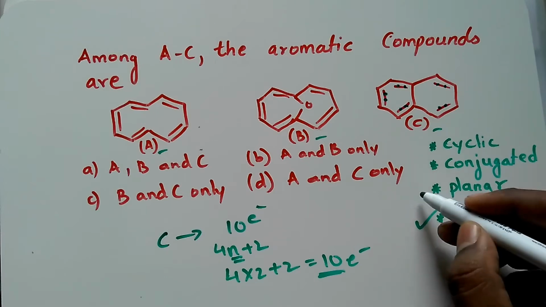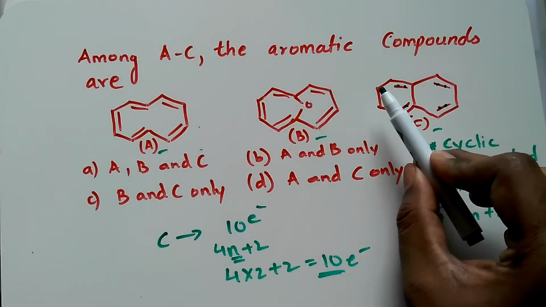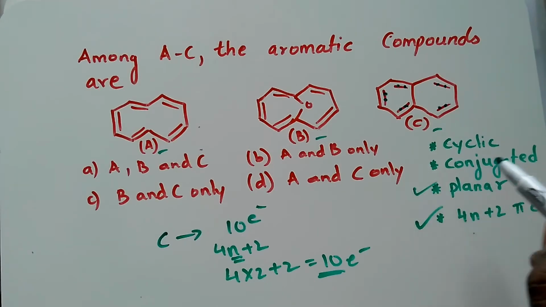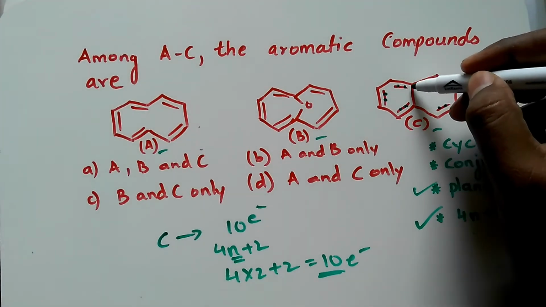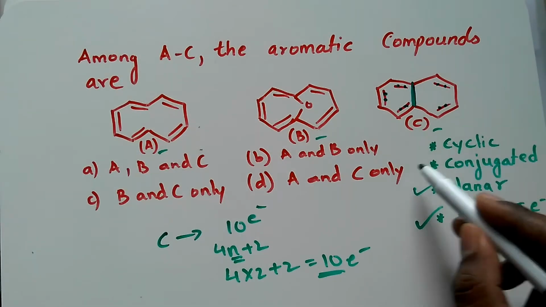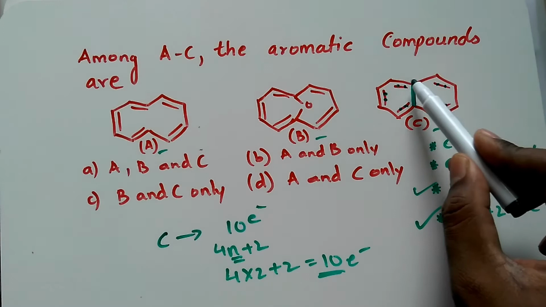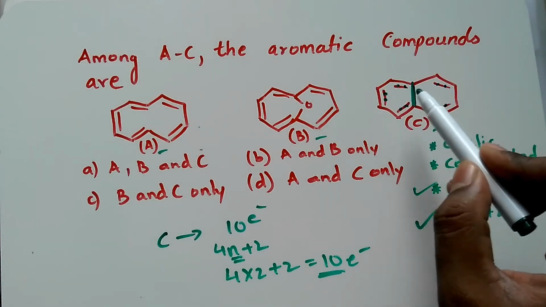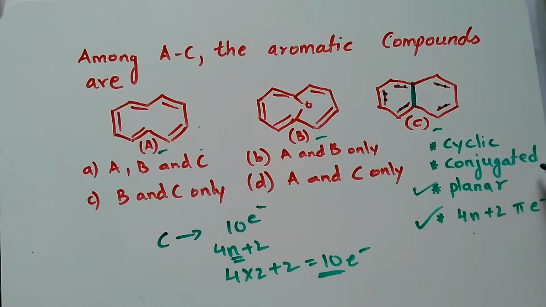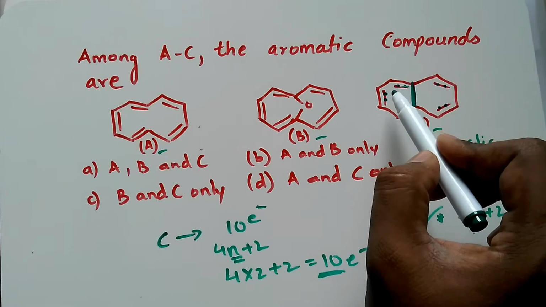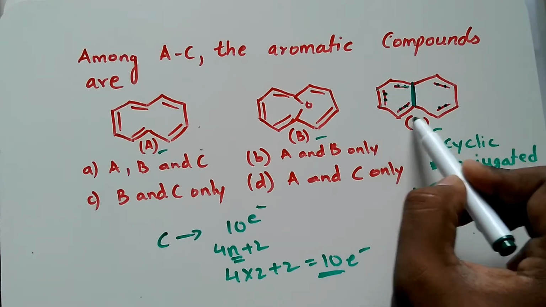Now regarding planarity, this is a planar molecule, the naphthalene one. Why is it planar? Because these bonds hold it in the planar structure. Regarding conjugation, we have to check whether there is any sp3 hybridized carbon. If an sp3 hybridized carbon is there, it will not be conjugated. Here the double bond is sp2, and here again sp2.